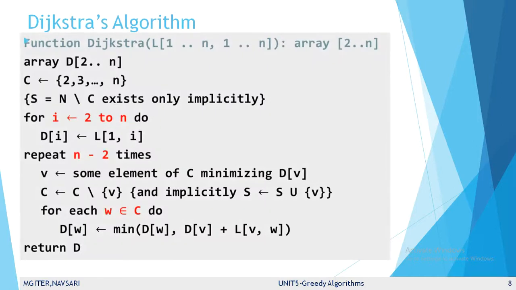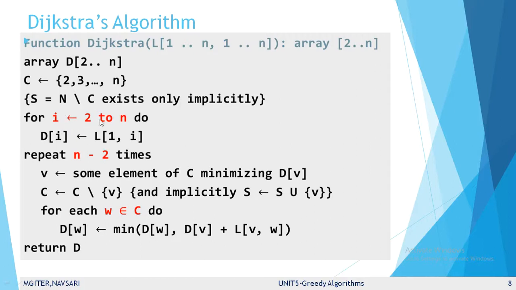Now we write the Dijkstra algorithm with an array D from 2 to n. C is the set of candidate vertices, and S is the set of selected nodes.